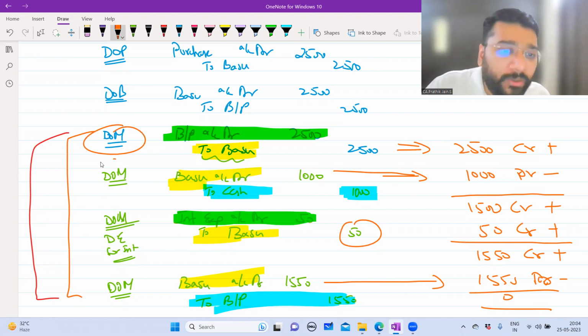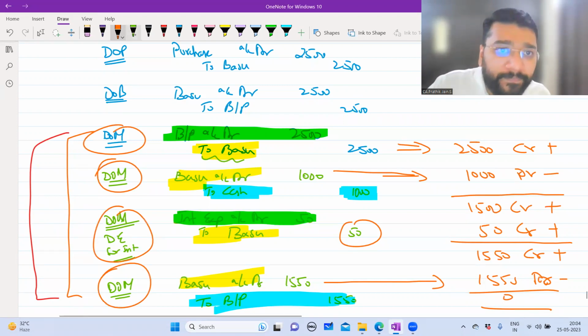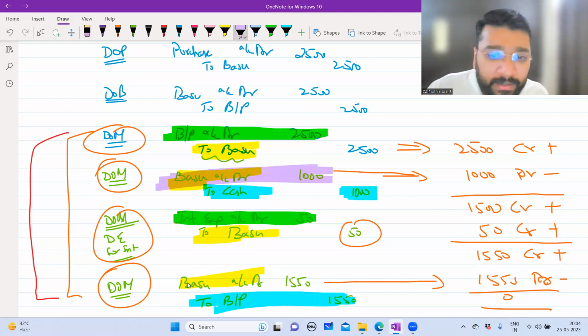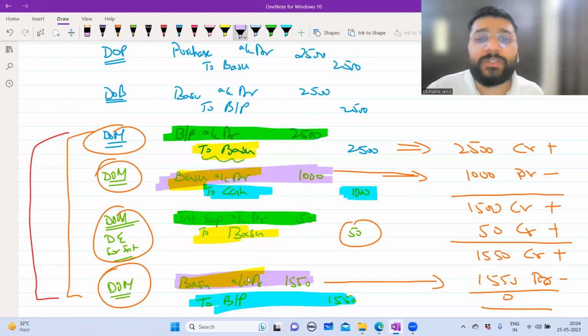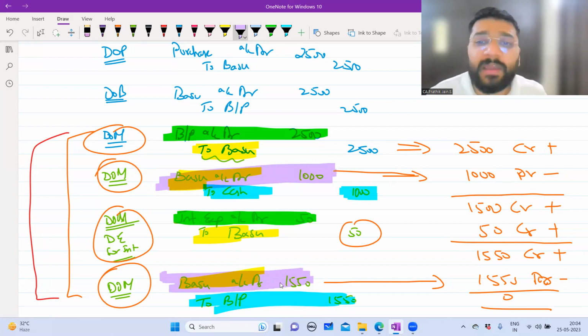The 1st entry, 2nd entry, 3rd entry, and the 4th entry, they've combined them. So when you combine all these 4 entries and do the total of Basu debit, Basu is 1,000 here, Basu is 1,550 here. Please tell me the total of debit. 2,550.